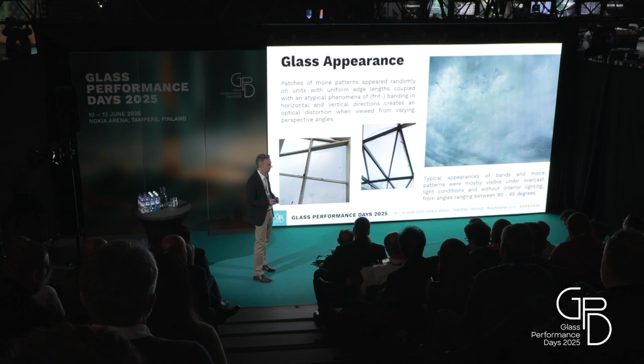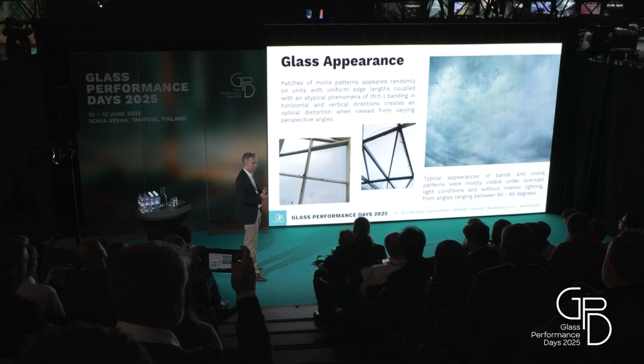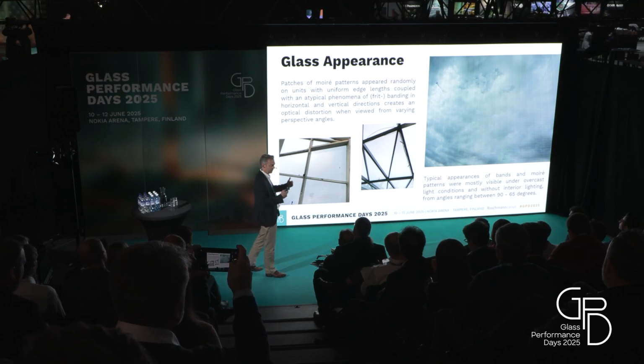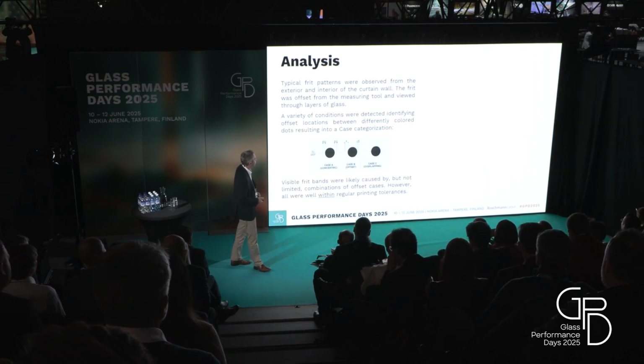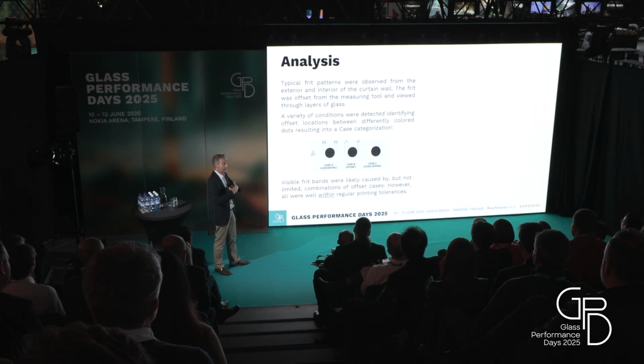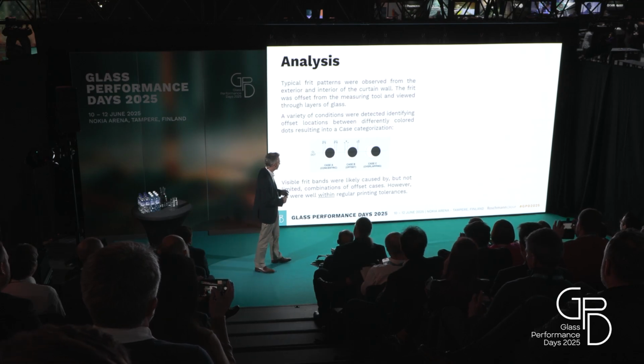So how is that caused? We were scratching our heads, thinking it can't be, because it's only one layout, one pattern. We actually found out that there is a tolerance in printing. Guess what? Every printer has a tolerance.